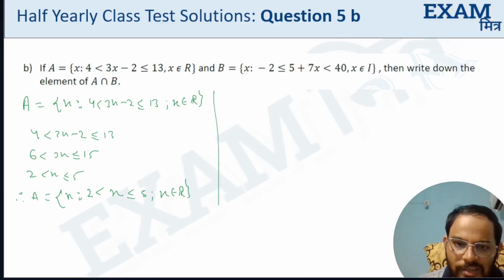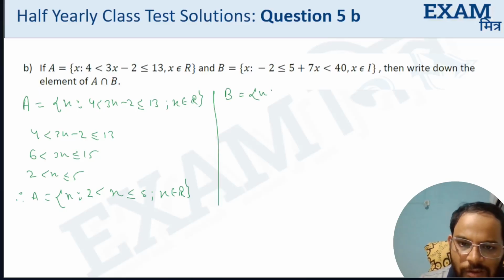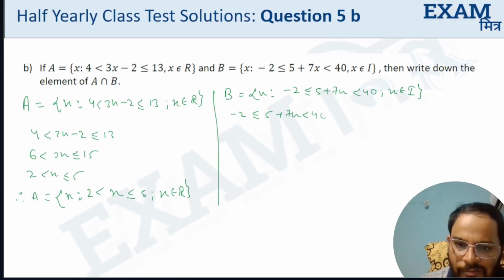Okay, now again, what is B? B contains all those x such that minus 2 is less than 5 plus 7x, which is less than 40, and x belongs to the integer set. The replacement set is integers. So first let's solve it. Minus 2 is less than or equal to 5 plus 7x less than 40.